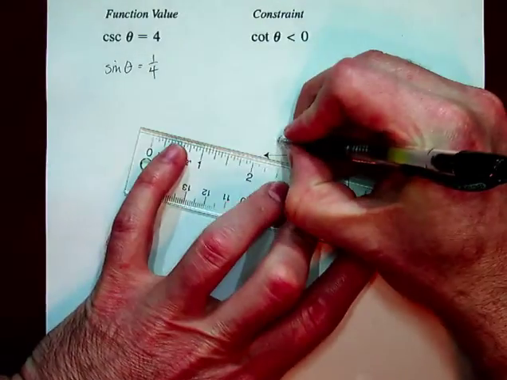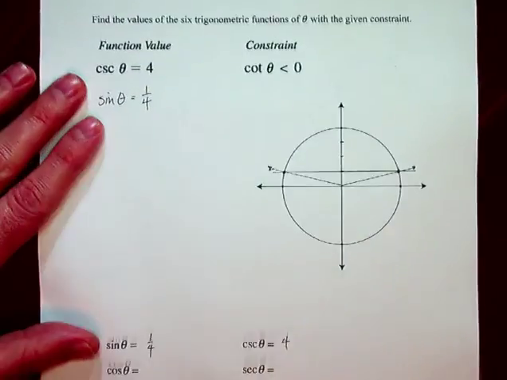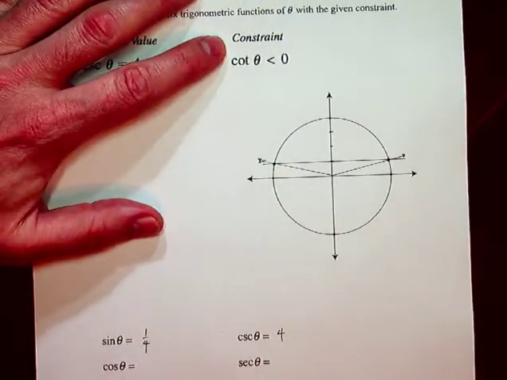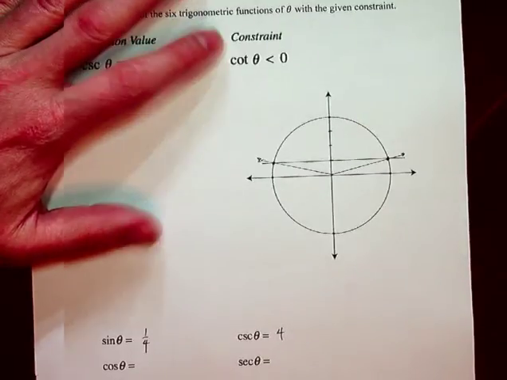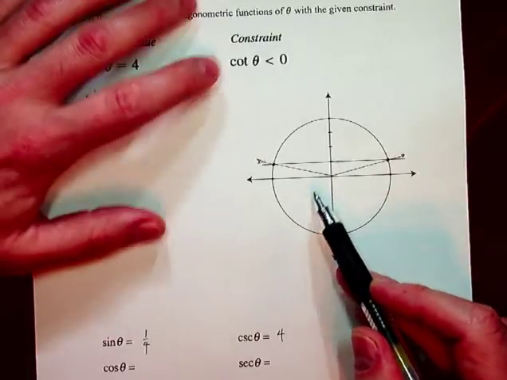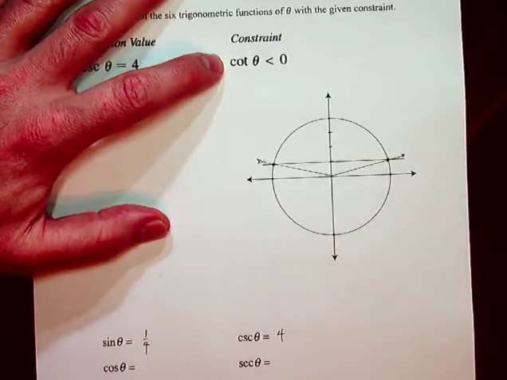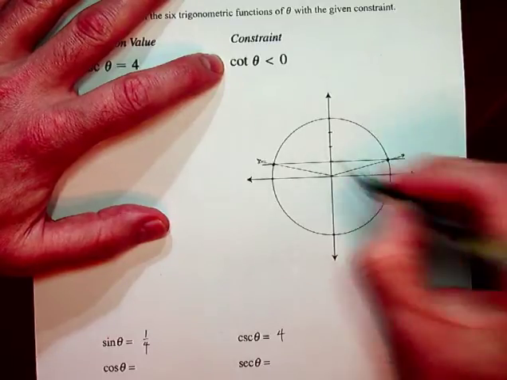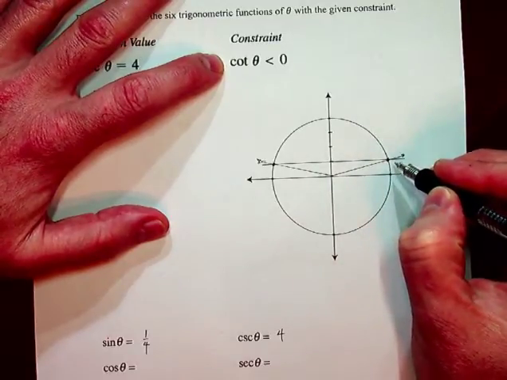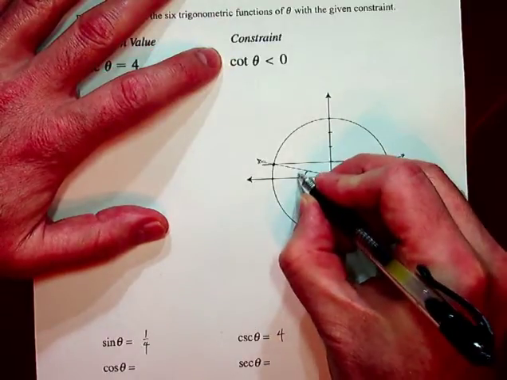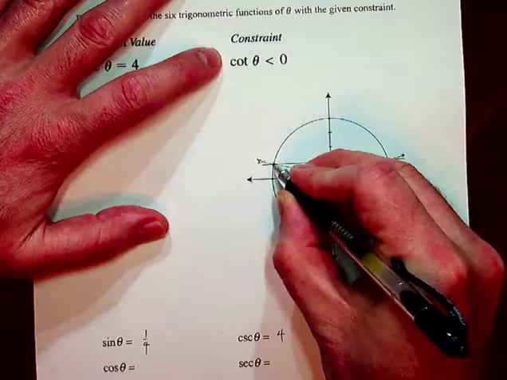Okay, but we know that that ambiguity is going to be resolved by this constraint. This piece of information fits either one of these angles, but cotangent being negative, it cannot be the one in the first quadrant, because in the first quadrant, everything is positive. If cotangent is less than 0, we are dealing with this triangle right here, okay?